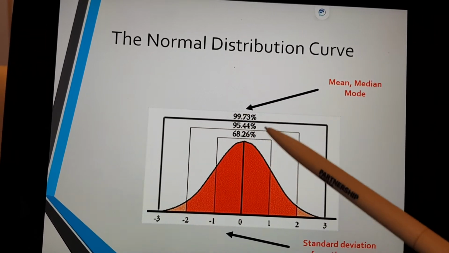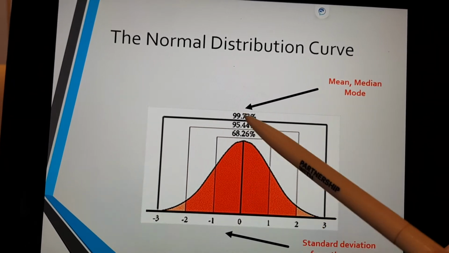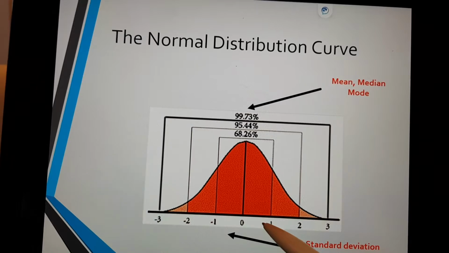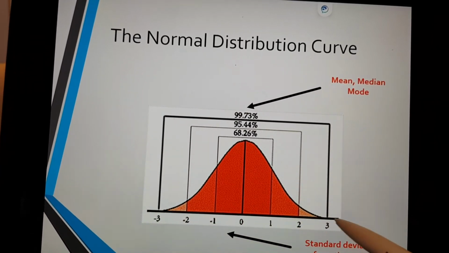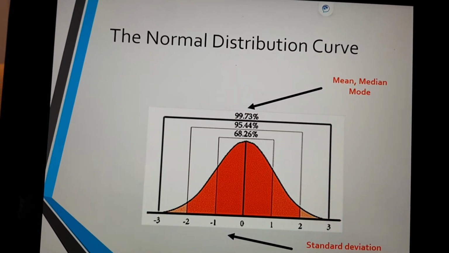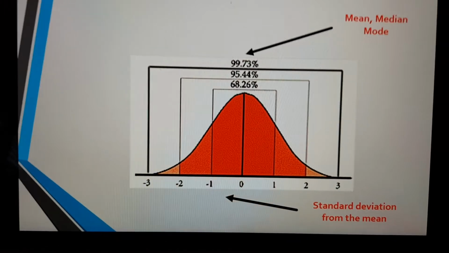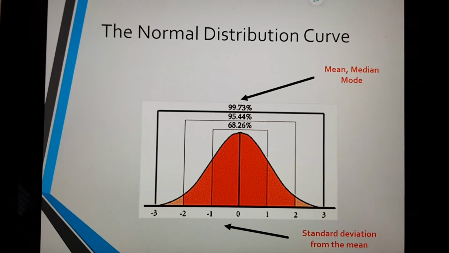They'll all fall at this point here. So that's your average. The standard deviation will then tell you how spread out it is, either side of the curve. It'll tell you how big those gaps are. And it also tells you on the distribution curve what proportion of people fall within certain standard deviations.